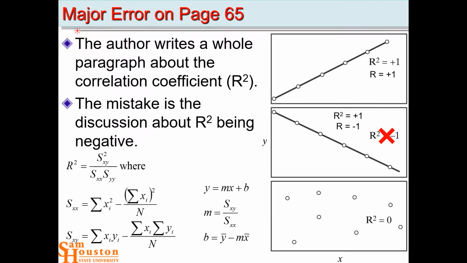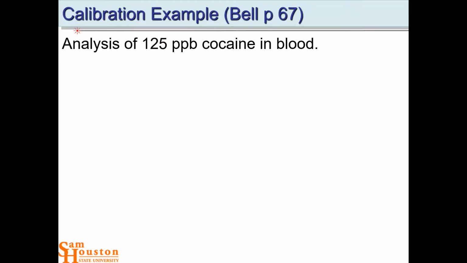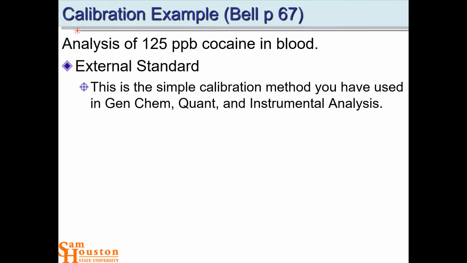All right. So let's look at these calibration examples. This is the scenario: you have 125 parts per billion cocaine in blood. So you've taken whole blood, you've put in 125 parts per billion concentration of cocaine and then analyzed it. The first method is external standards.